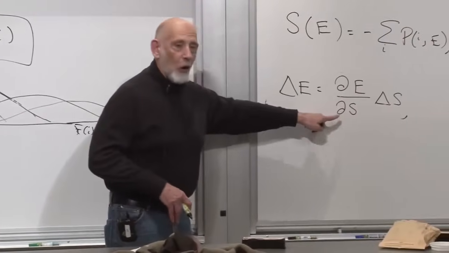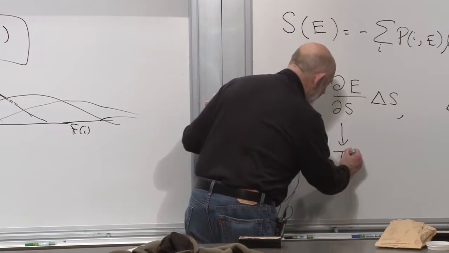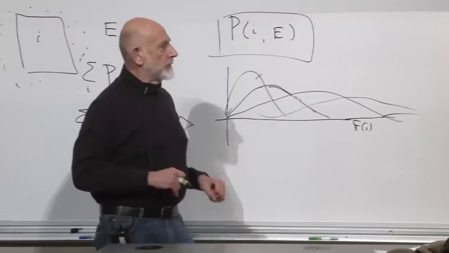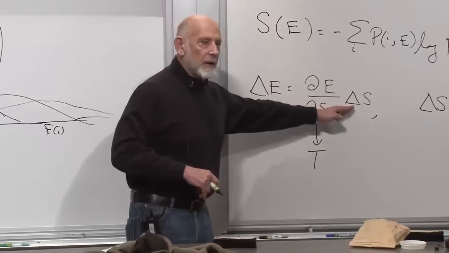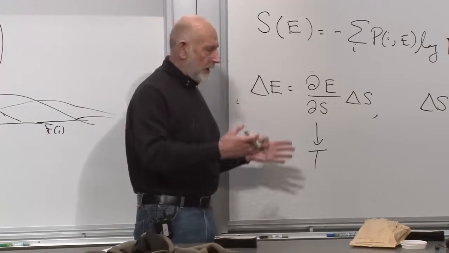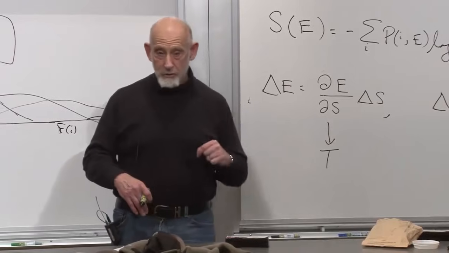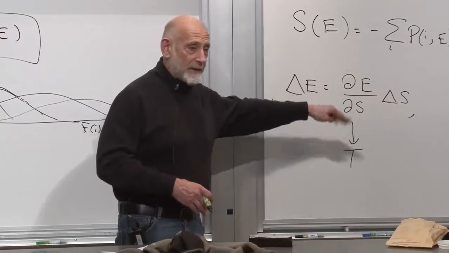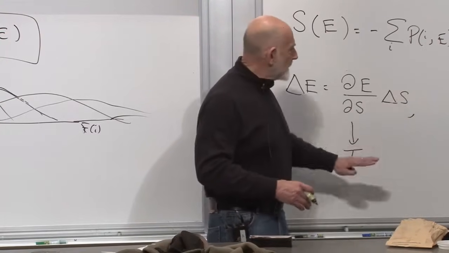This object is called temperature. That's what temperature is. It's a derived quantity, and it tells you how much you have to change the energy in order to change the entropy by a certain amount. I sort of fixated on 1 bit, but it doesn't matter if it's 1 bit, as long as it's small.